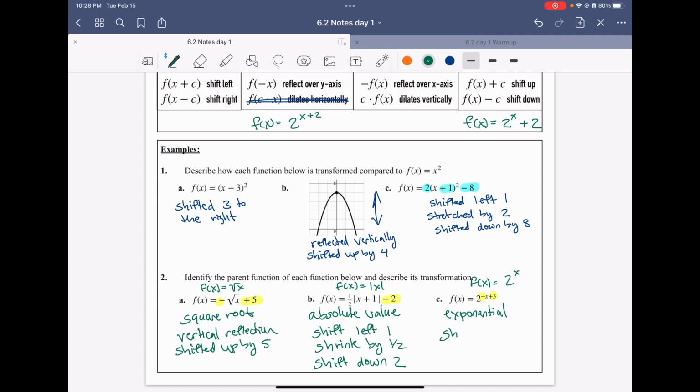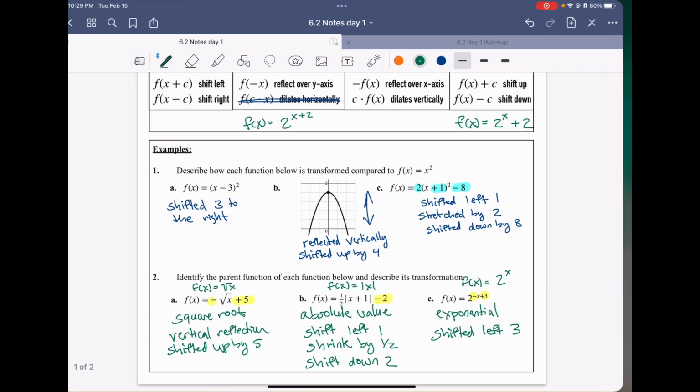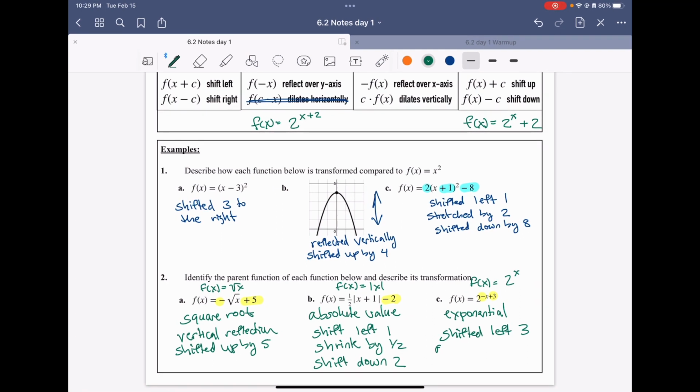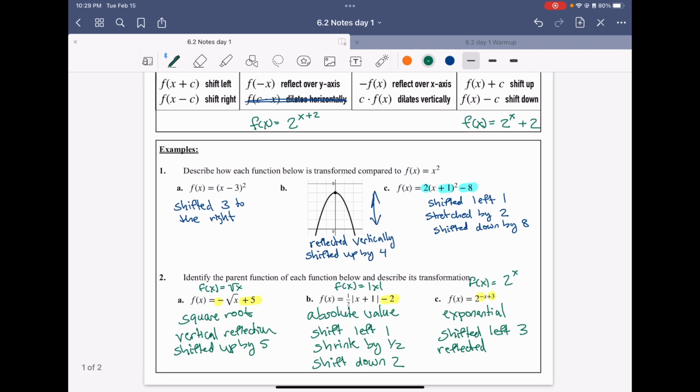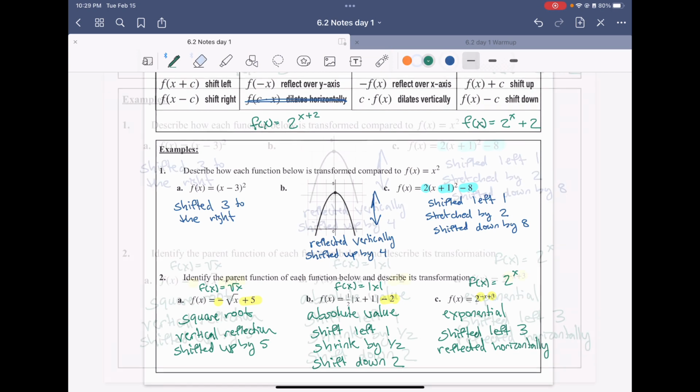So it's shifted left 3, and then it is reflected horizontally this time. Or in other words, it's reflected over the y-axis.